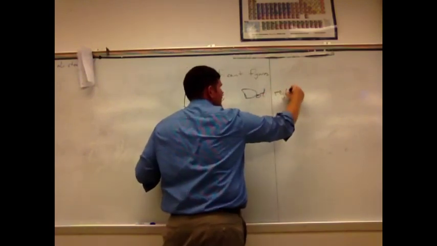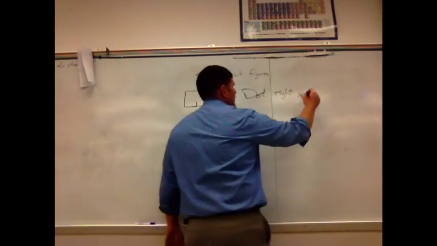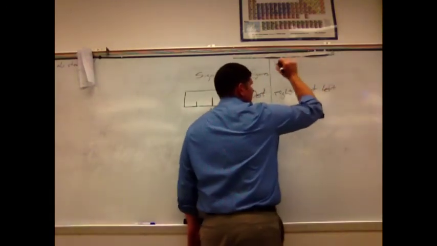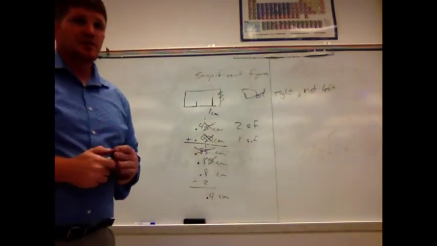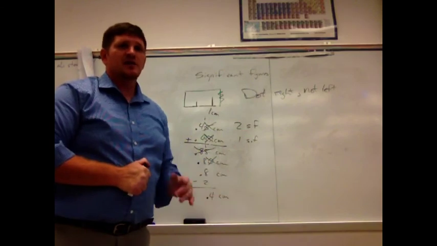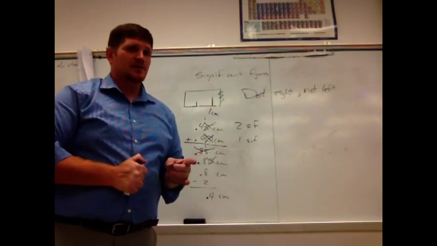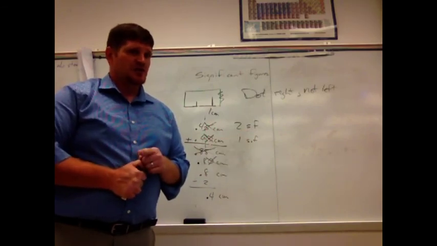Dot right, comma, not left. And that just talks about our decimal points. Some of you put decimal points just wherever you want. We're going to be really strict about where we have the decimal, the purpose of the decimal, why we use it, and when we shouldn't use it.